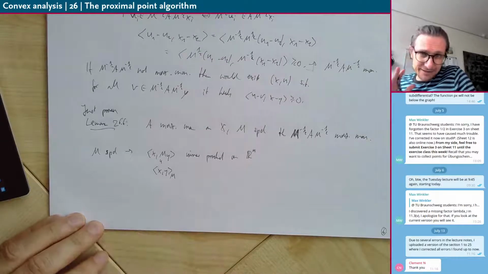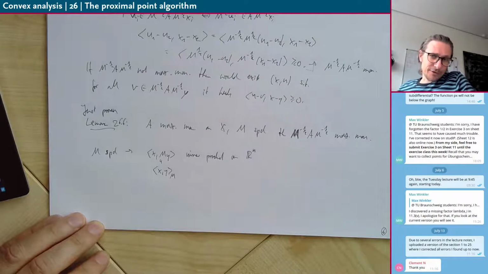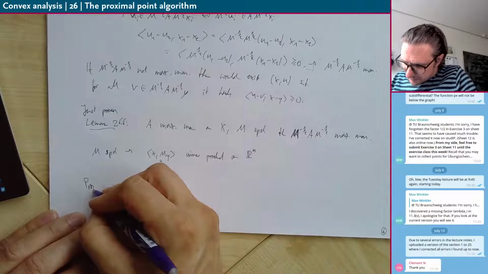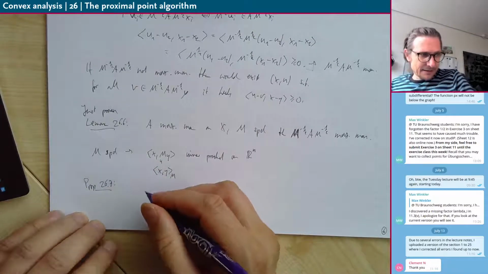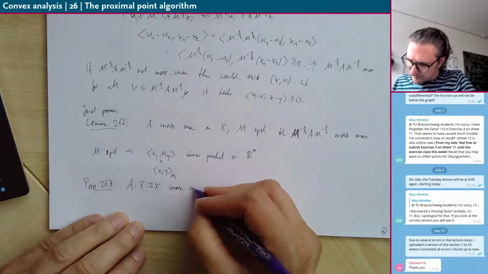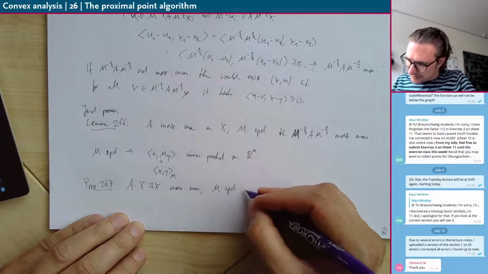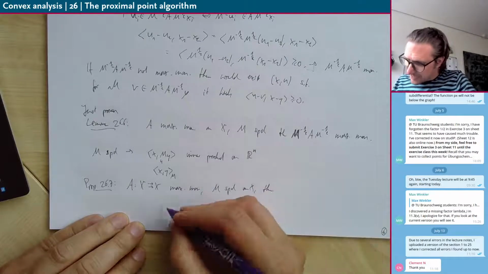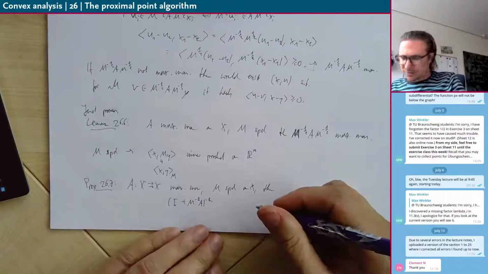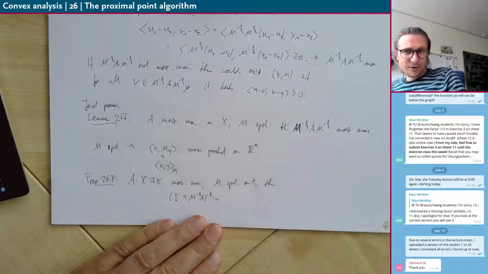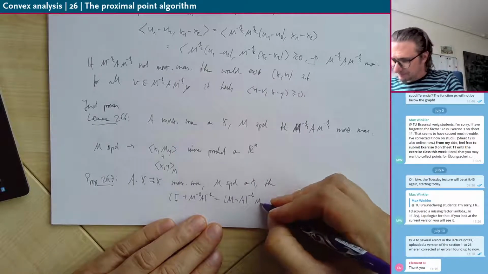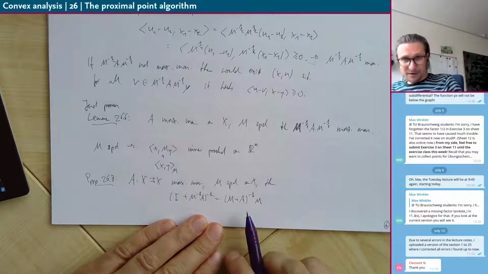Okay, and then it gets even simpler, because if you do that, there's another simple way to express the proximal point iteration, so the resolvent. This is Proposition 26.7. If A from X to multi-valued X is maximally monotone, M is SPD on X, then we have first that identity plus M to the minus 1 A, to the minus 1, can be equivalently written as something without any inverse of M at all, and this is M plus A, to the minus 1, M. So there's no M to the minus 1 anymore.